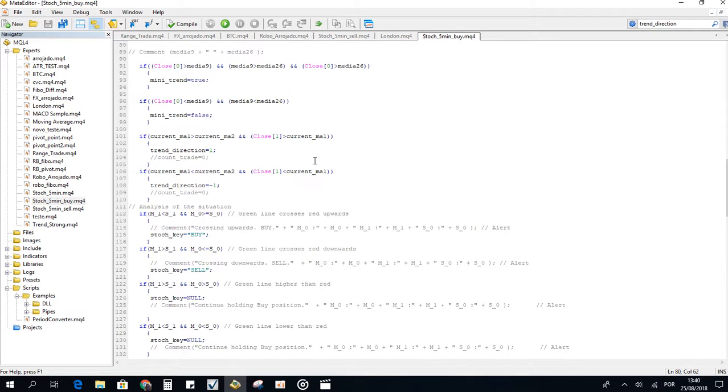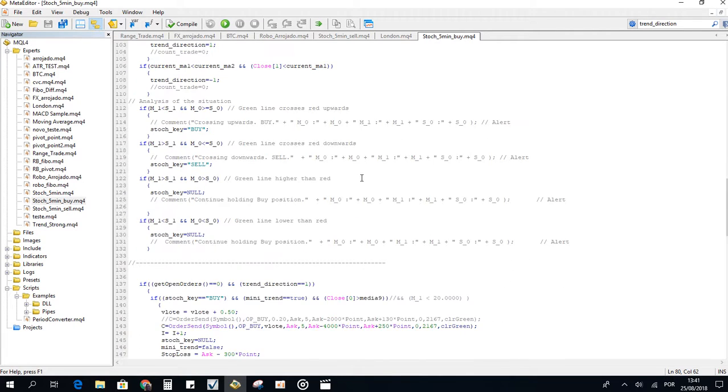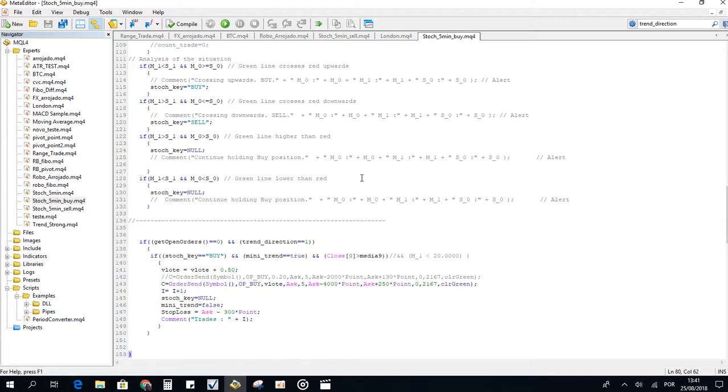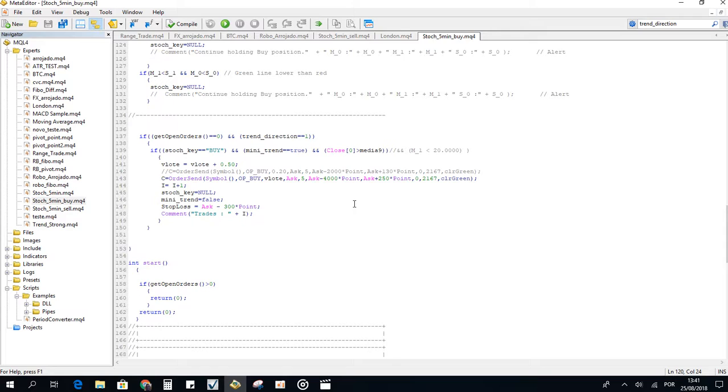Here I make some checks regarding the price, when it's higher, when it's lower, just to control the movement. I define when it's buy, when it's sell. It's not a language too elaborated, so it's quite straightforward to start to use it.